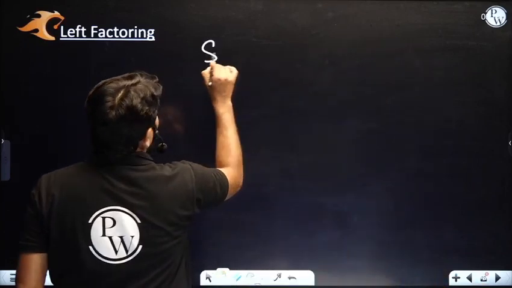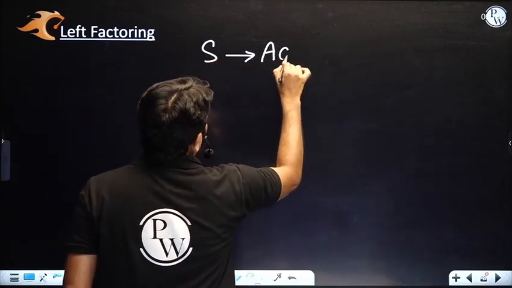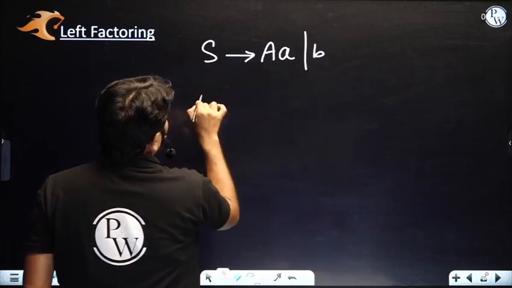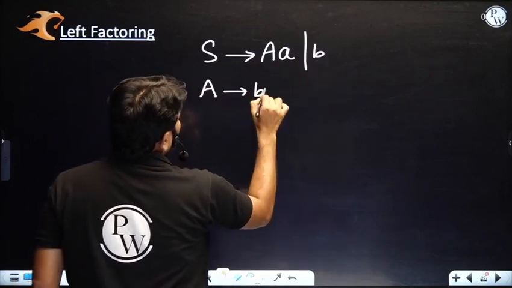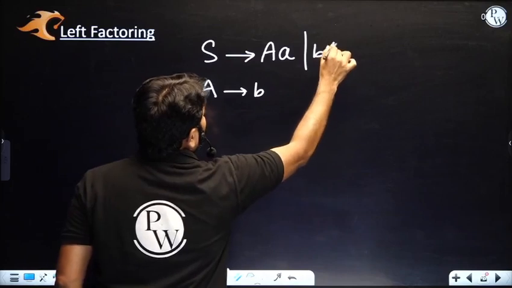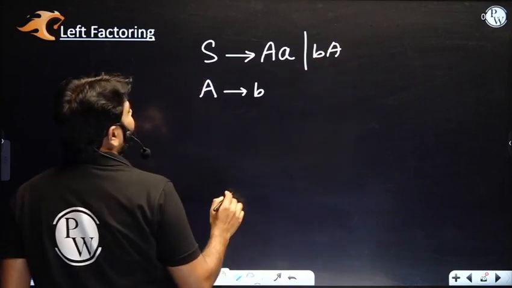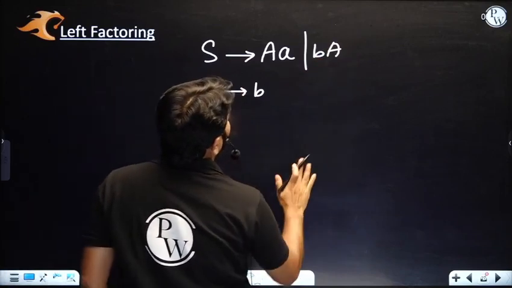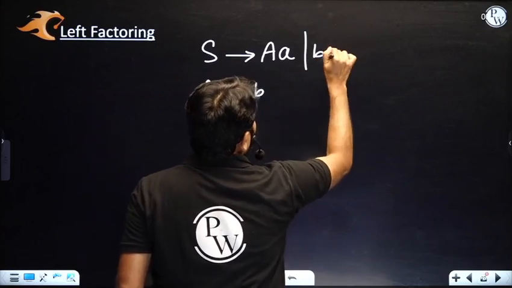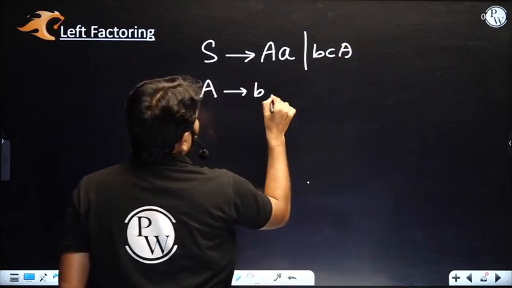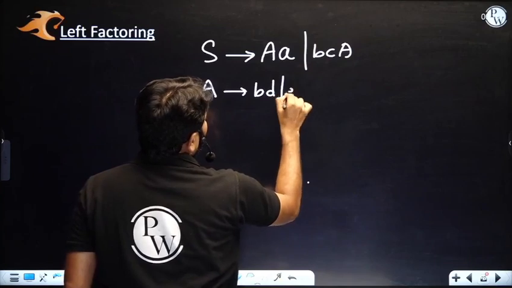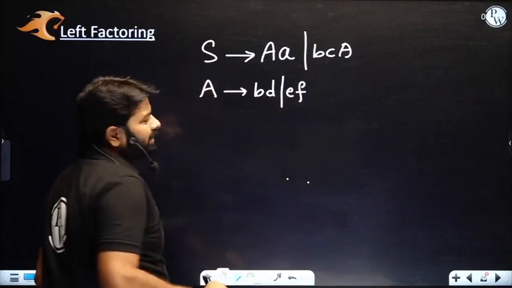Sometimes you may have something like S derives A or B, A derives, let me write, sorry, C capital A, B D or E F, something like that.